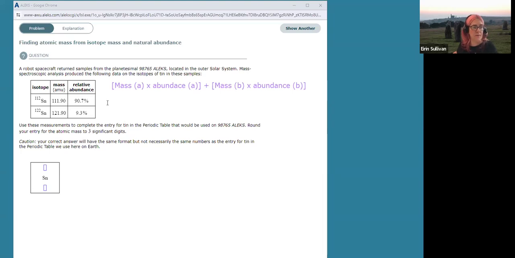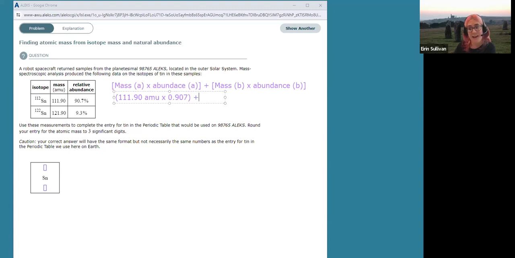So for this one, for example, isotope A, we're going to call tin 112, however you want to say it. So the mass is 111.90 AMUs. Okay, keep those units in. The abundance is 90.7%. So if I'm going to convert that into a decimalized percentage, it'll be 0.907.